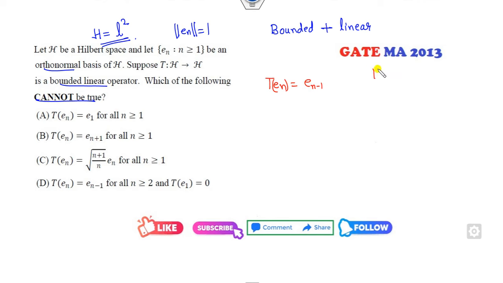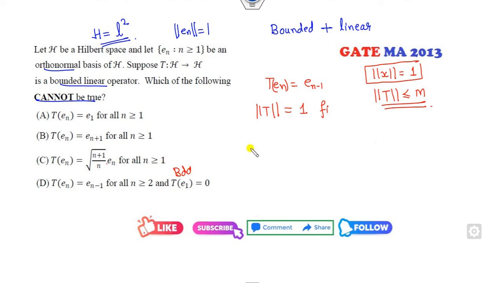Fine. So what is the tip I have given you? Whenever you have norm of x equal to 1, then you just simply prove that this should be finite. So E has 1. So what is the norm of this? The norm of this is 1, which is finite. So this is bounded. What is the norm of this? So you can see I can write this number as E of n and n plus 1. Fine.